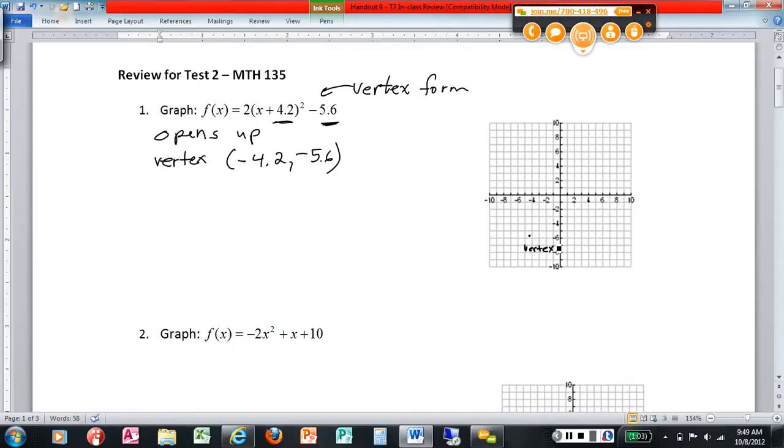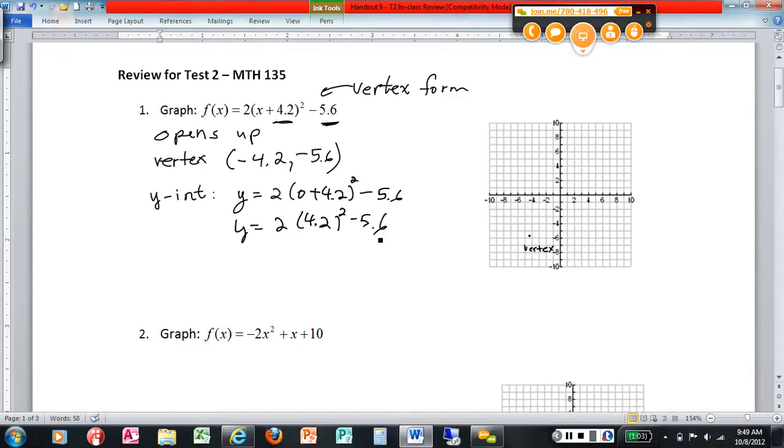Okay, then the other point that we got to help us out here on graphing was the y-intercept. Set x to be 0, and we get y equals 2 times 0 plus 4.2 squared minus 5.6. So that's going to give us y equals 2 times 4.2 squared minus 5.6.